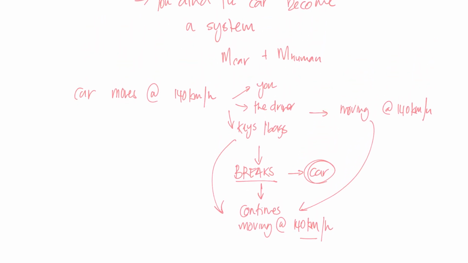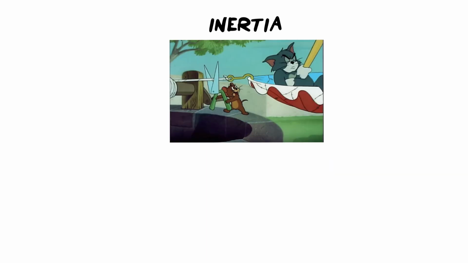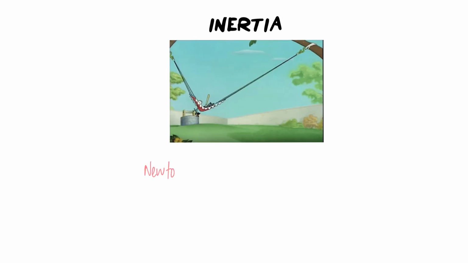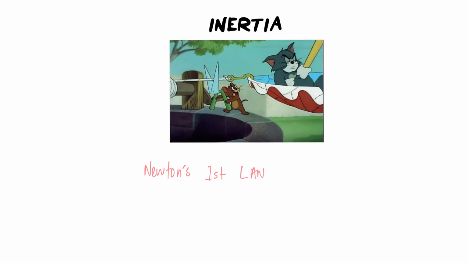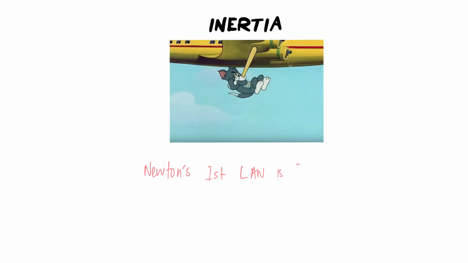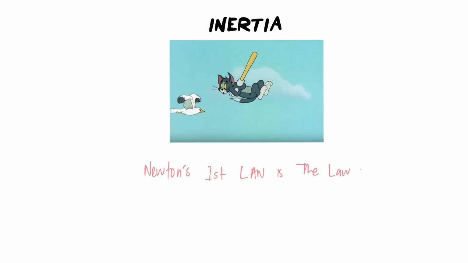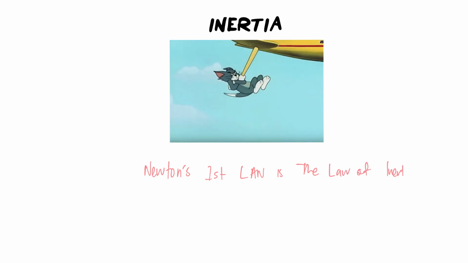Now this whole thing, and you've dealt with it last year, is called inertia. So when we're looking at inertia, we can relate it to Newton's first law, which we can call the law of inertia. It means that objects don't want to move because they have inertia.